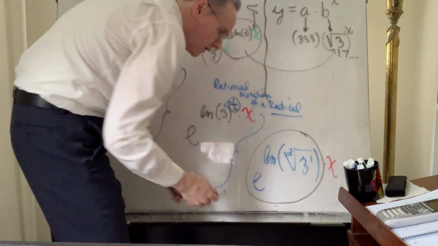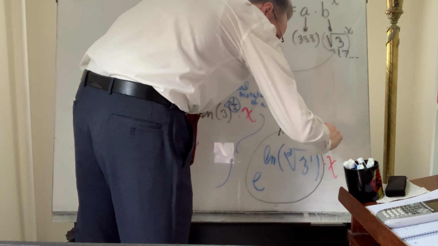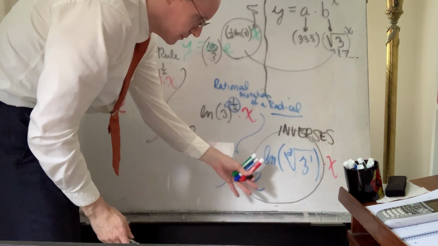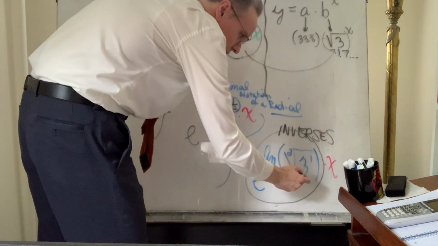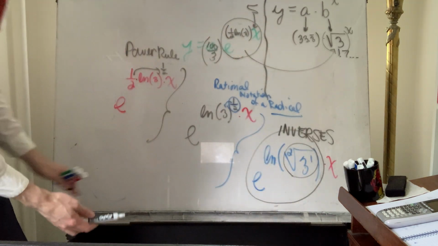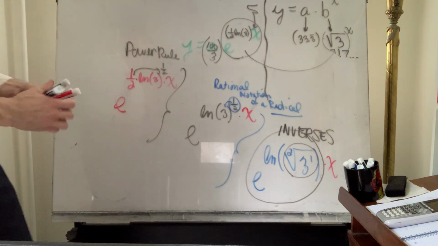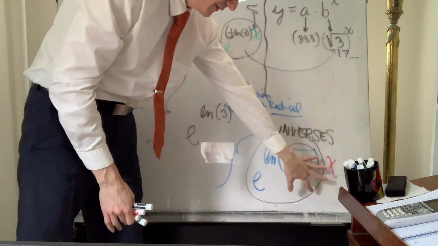These are inverses on top of everything else. And what happens when you have inverses is that whatever the guts are in here, they're going to be more or less the usual. So if I'm not even considering the x, I'm just kind of separating it here.